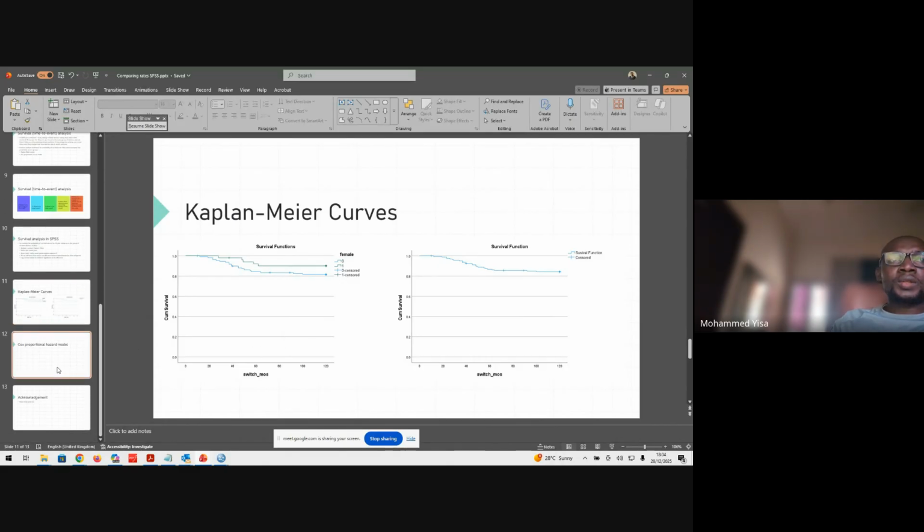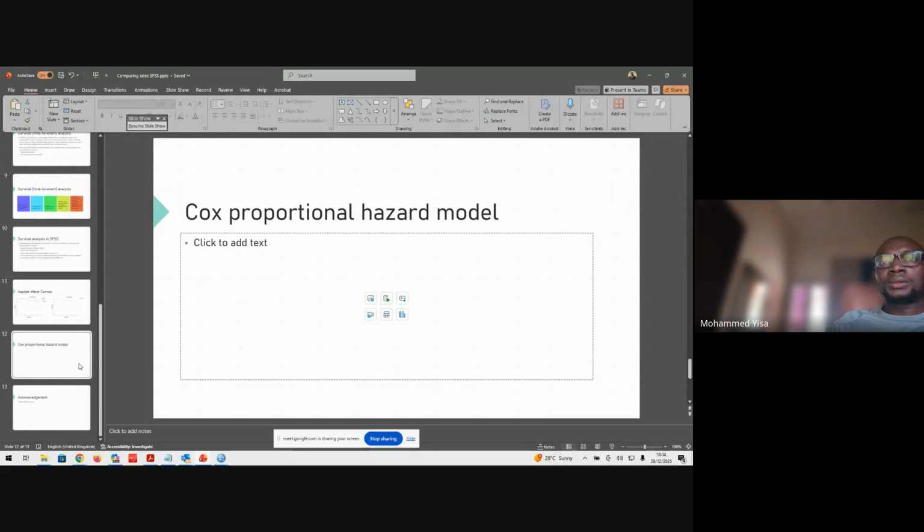So for the Cox proportional hazard model, we're modeling the risk of the event happening. So I think, yeah, I ran out of time before because I just prepared these slides this afternoon.